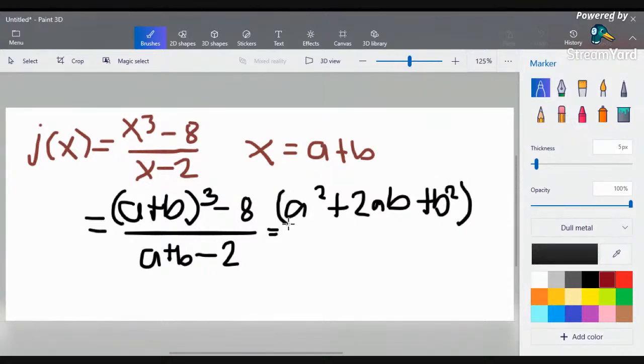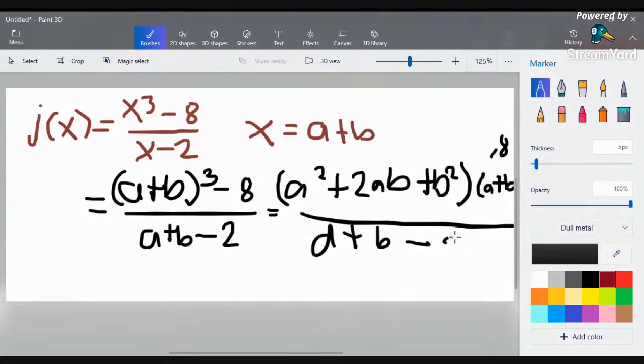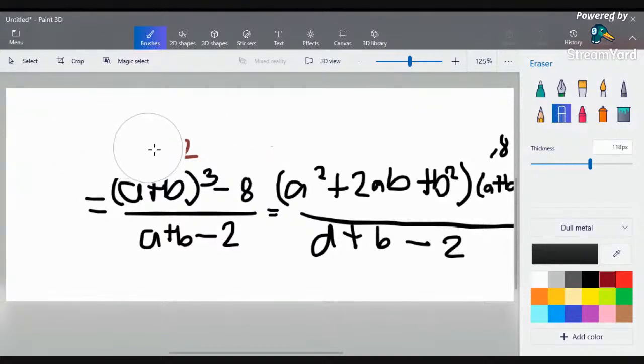Ouch, it can't be avoided. Plus b squared times a plus b. Then, minus 8. Okay, minus 8. Let's combine that, all over a plus b minus 2. So, let's combine them.